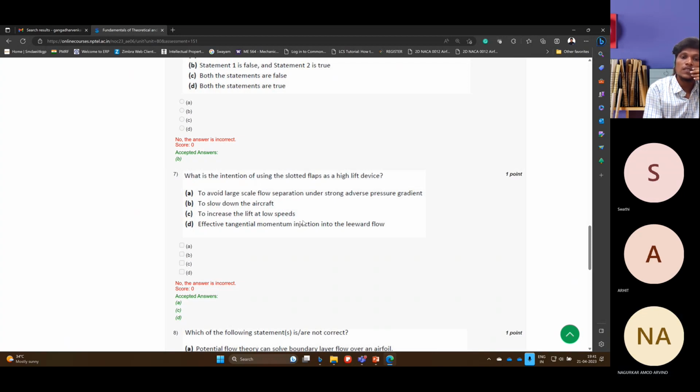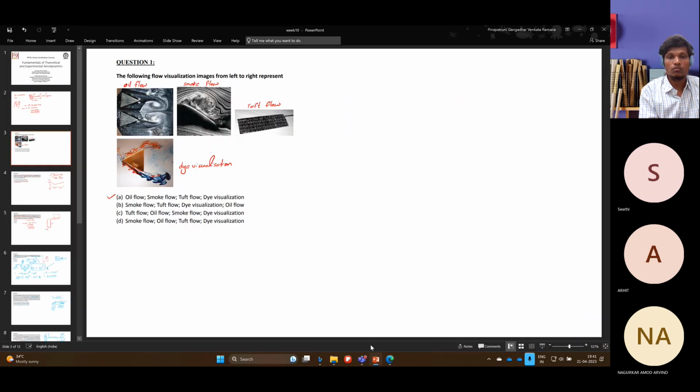Lift increases, drag increases, but here you're missing one point. It is not only the couple of lift, drag, and velocity, but also thrust. There is one more parameter involved: the drag is always balanced by the thrust force that is generated.